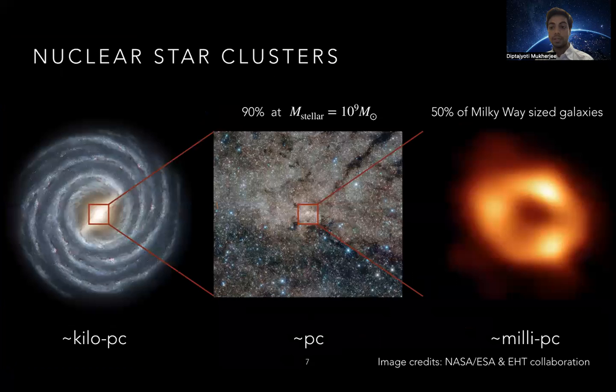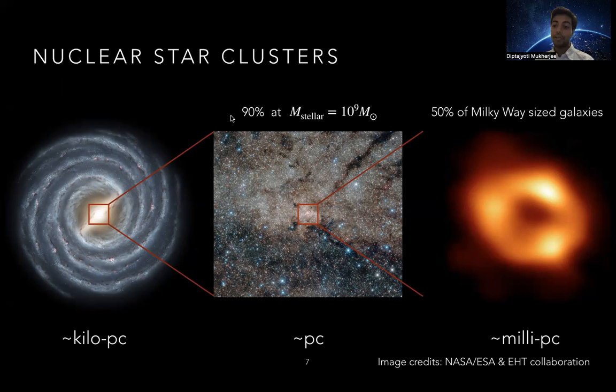And one such substructure that we are interested in studying is what's called a nuclear star cluster. Well, why would we want to study nuclear star clusters? Well, we found from previous studies that 90% of galaxies containing a stellar mass of about 1 billion solar masses contain nuclear star clusters. So they're present in a lot of places.